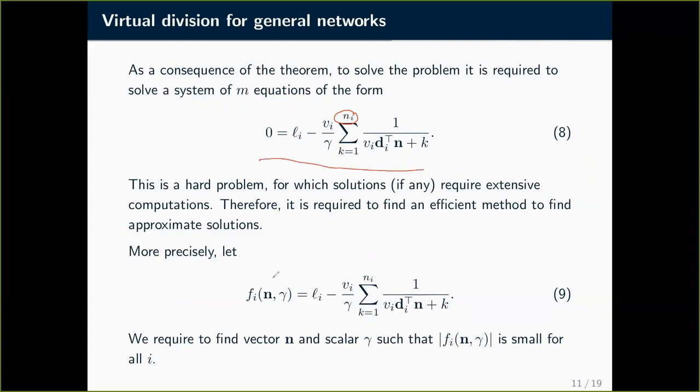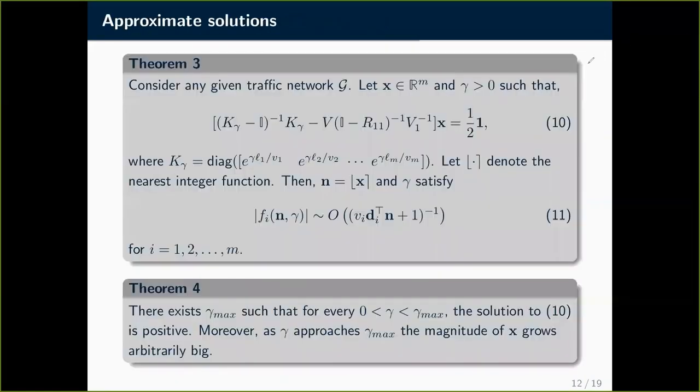Which means, in a more precise way, if we define this error function f, which is defined in the same way, we want to find a vector n and a scalar gamma such that the magnitude of the error function is small for all of the internal nodes. This leads us to our next result, which allows us to confine the approximate solutions.